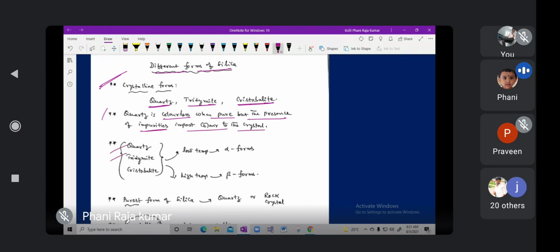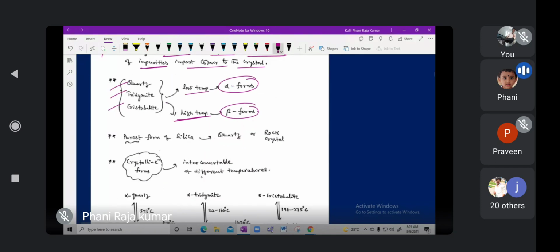Quartz, tridymite, cristobalite at low temperature have alpha forms as well as beta forms: alpha quartz, beta quartz, alpha tridymite, beta tridymite, alpha cristobalite, beta cristobalite. Alpha forms are stable at low temperatures, and beta forms are stable at high temperatures. But out of all these, the purest form of silica is quartz, also called rock crystal.